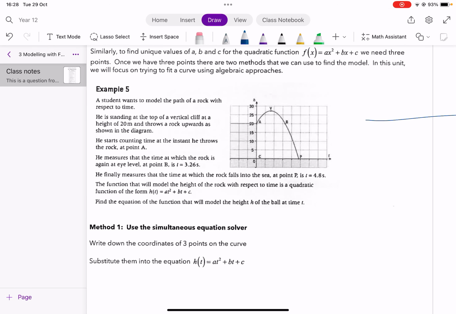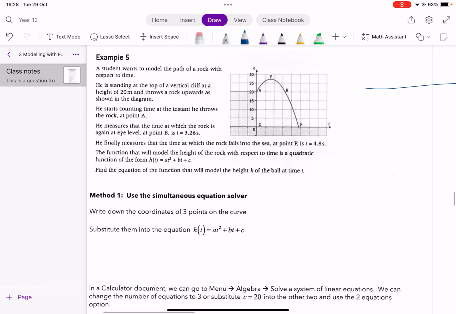So there's a little question down here about a student throwing a rock. It starts on a cliff at time 0, 20 meters above ground level. The rock goes upwards to a vertex. It then gets to the same height again, 20 meters high, at time 3.26, and then it falls into the sea over here at time 4.8 seconds.